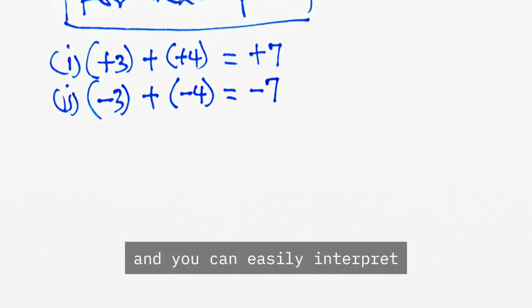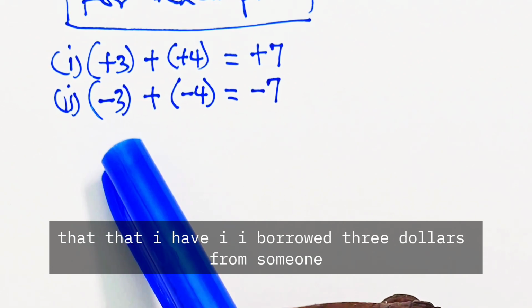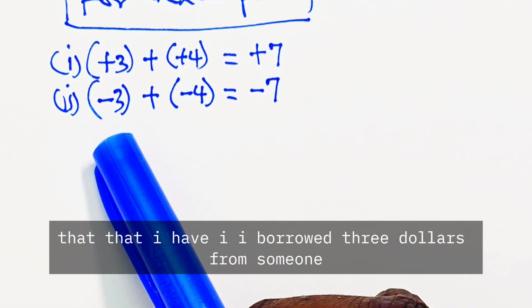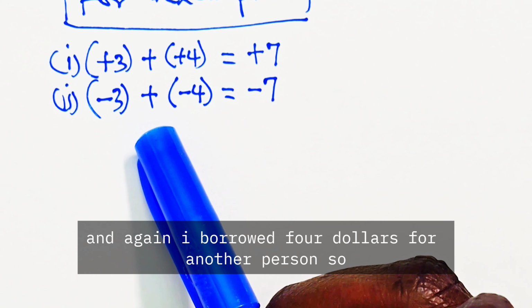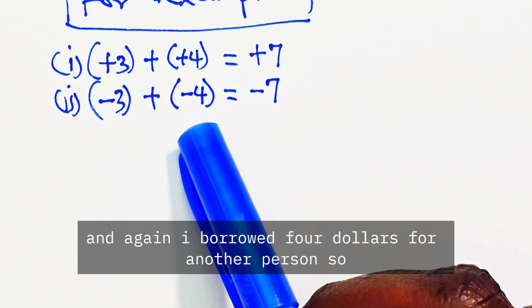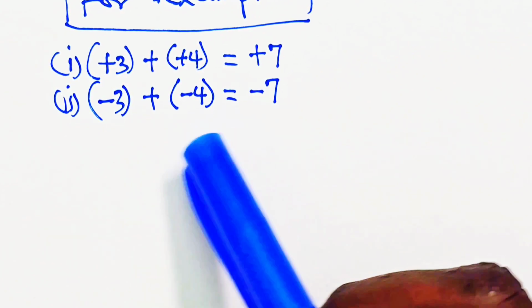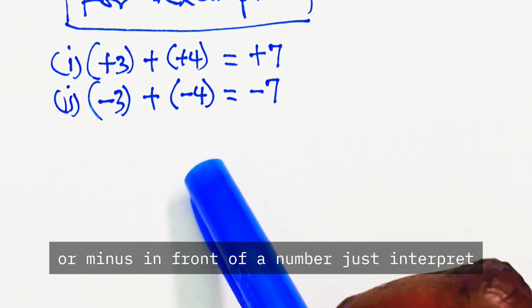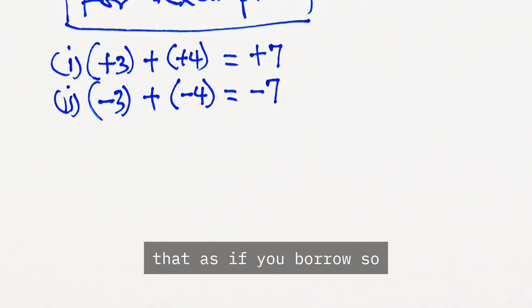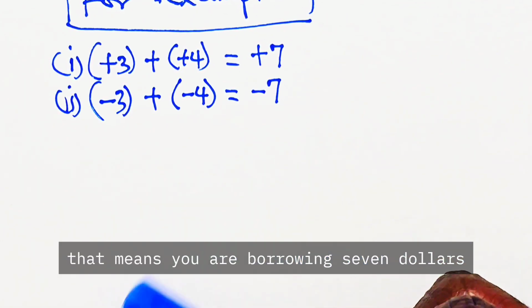You can easily interpret that I borrowed $3 from someone, and again I borrowed $4 from another person. So how much have I borrowed? Whenever you see negative or minus in front of a number, interpret it as borrowing. So you are borrowing $7.